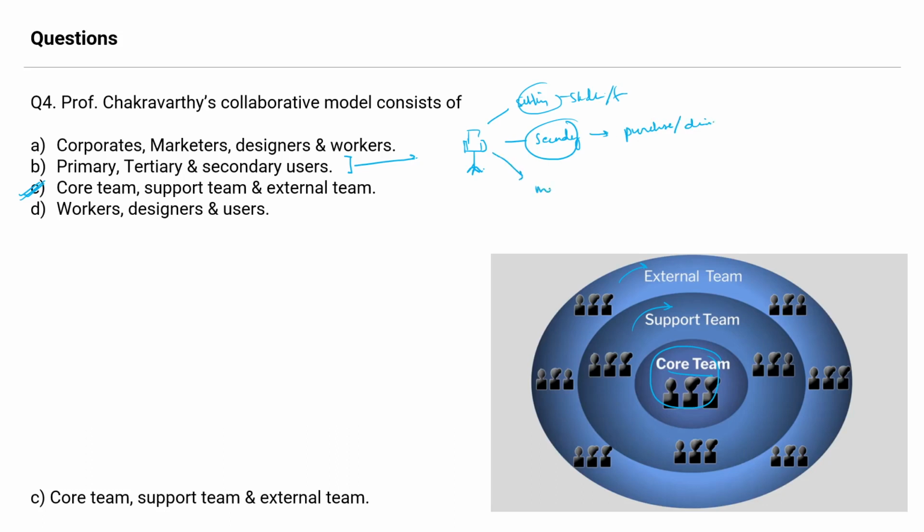Tertiary would be people who are manufacturing, or the vendors. So these all are from a user perspective. These are different types of users. So they are not exchanging information much among themselves.